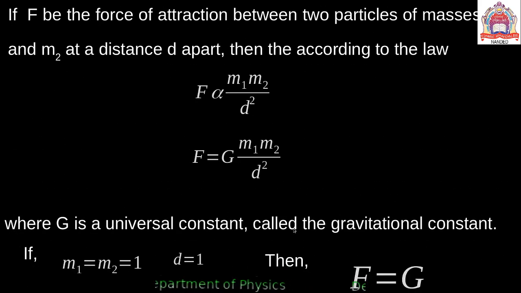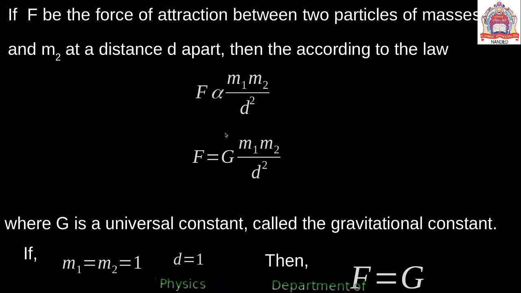If the force F is the force of attraction between two particles having masses m1 and m2 at a distance d apart, then according to the law, F is directly proportional to the product of their masses m1 and m2 and inversely proportional to the square of the distance between them.